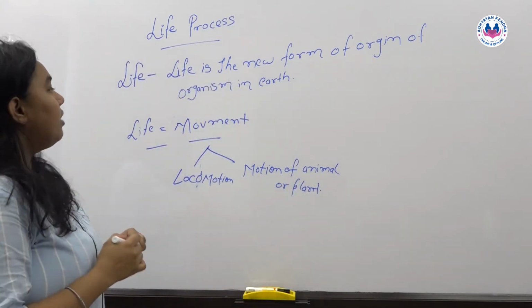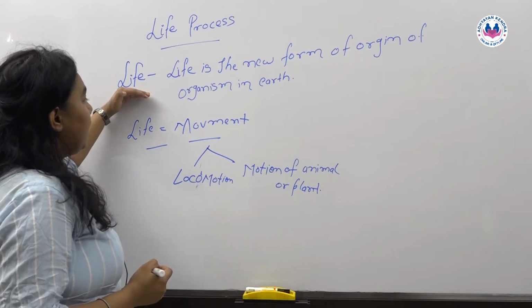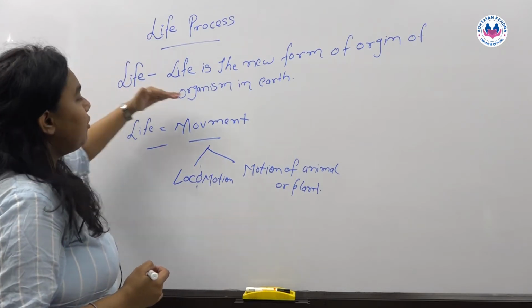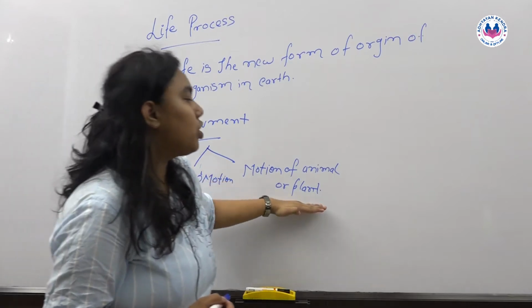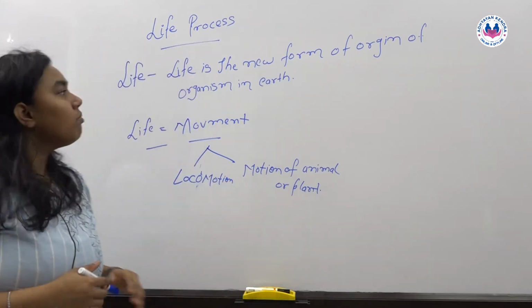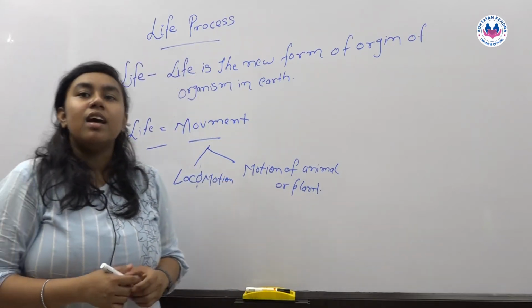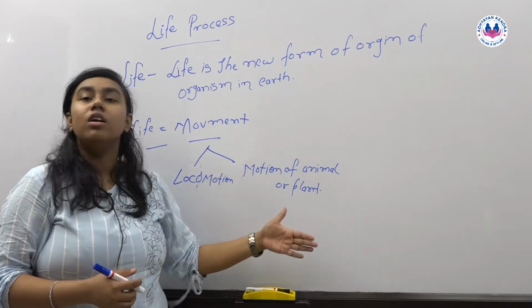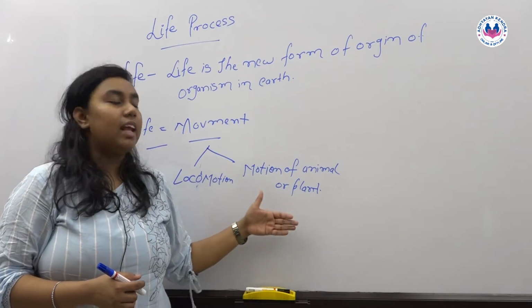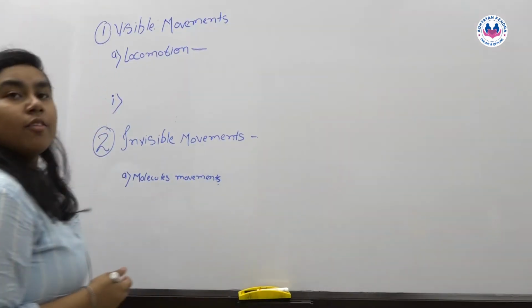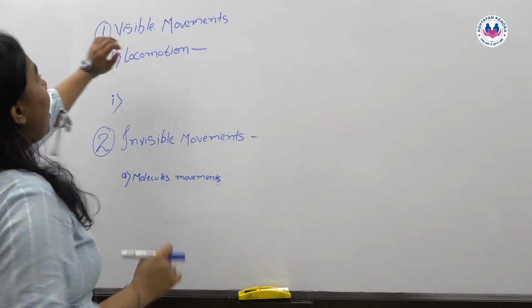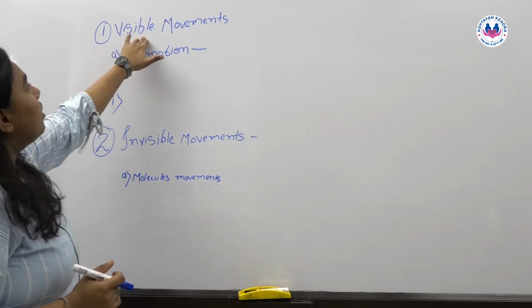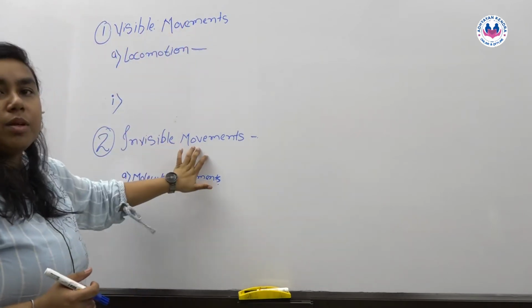So we will study a few things depending upon life: life process, movement, locomotion and motion of the plant. We will start with how the 8 forms of life process coexist. While continuing the topic, we have to study visible movement and invisible movement.